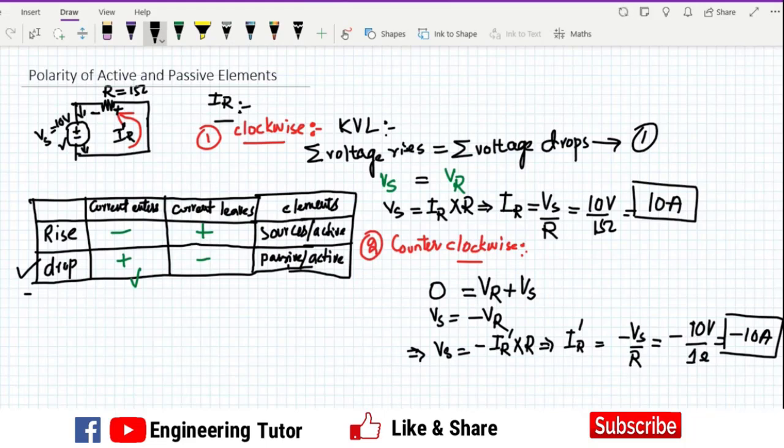Actually the positive sign shows us that the direction which we have considered, which was clockwise, was correct when it was positive 10 amperes, while when we considered counterclockwise, it is negative 10 amperes, and the negative sign shows us that the considered direction of the current is opposite to that of the actual current direction. So this is the overall concept.